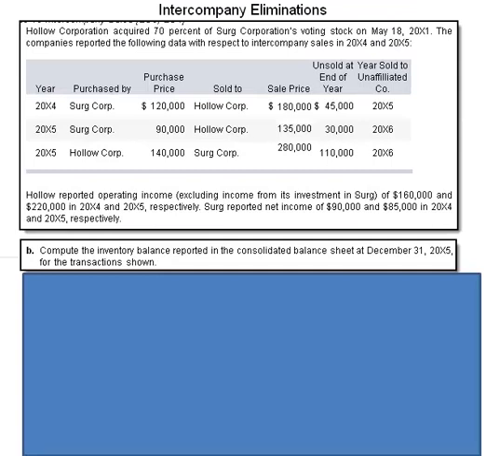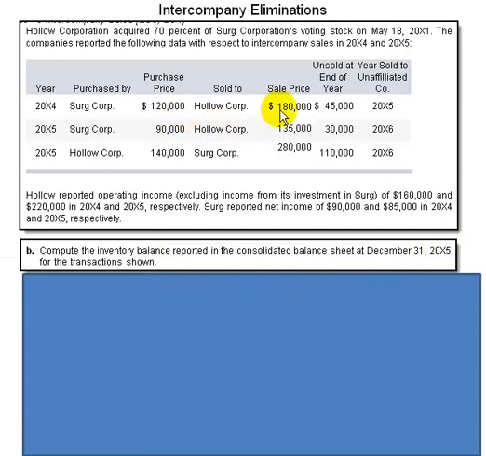Okay, now we're going to work on Part B, and I've slid back up to the top again. We're using the same data, and now we have to compute the inventory balance reported in the consolidated balance sheet at December 31st for the transactions shown. Alright, so let me slide back up.